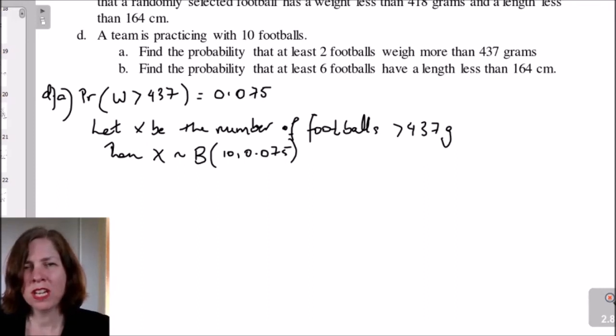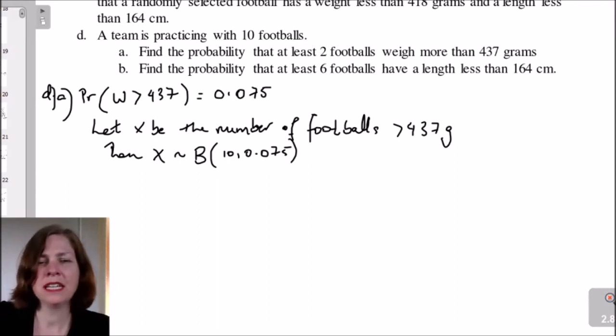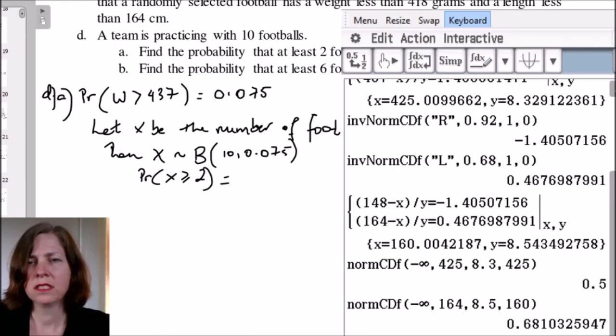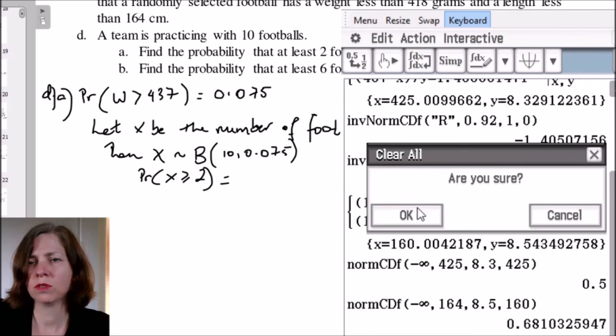So what I'm looking for then is the probability that X is greater than or equal to 2. It does say at least, so that includes 2. So probability that X is greater than or equal to 2. I'm going to reach for my trusty CAS now. There it is. Just to clear things up, let's get rid of all that.